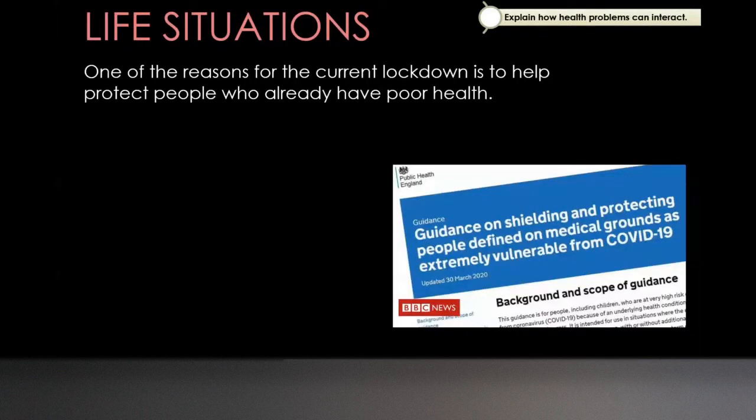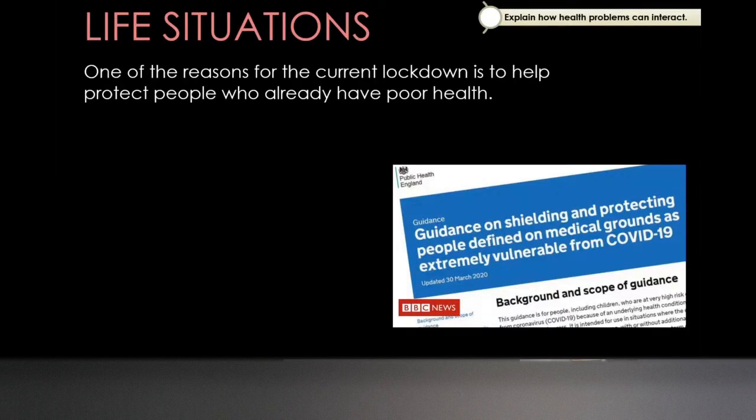One of the reasons why we're in the lockdown that we're currently in is because we want to help protect vulnerable people. There are lots of people out there who have pre-existing conditions: people who are obese, people who have high levels of stress, but also people who have cancer, people who are HIV positive, that sort of thing. If those people also contract the coronavirus, that will be another thing, and that will act a bit like a multiplier.